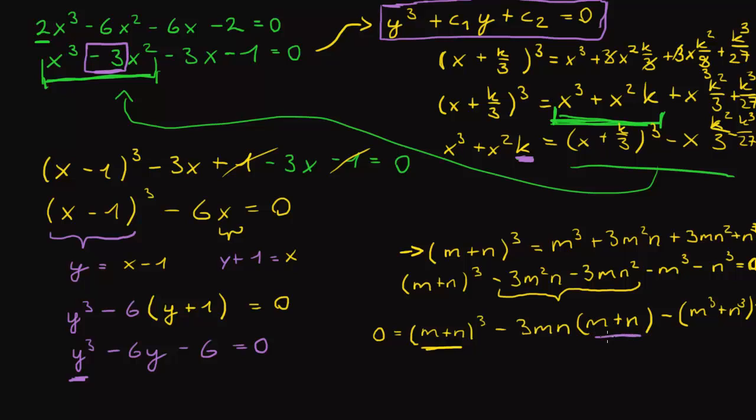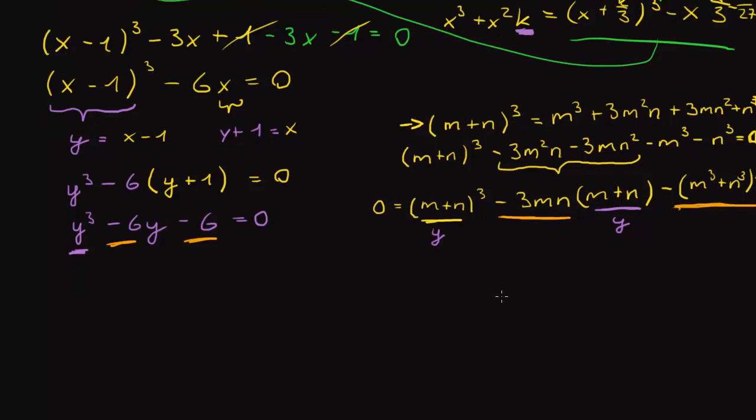And if we said, well, that is our y and this is our y, then what would negative 3mn have to be? So what would this have to be? Well, this has to be negative 6. And what would this have to be? Well, this would have to be negative 6 as well. So that's not a great example because, you know, we have 2 times negative 6. But you know, it's fine.